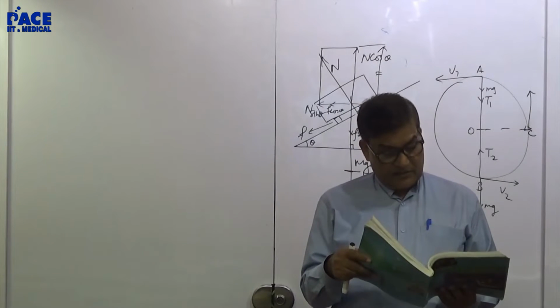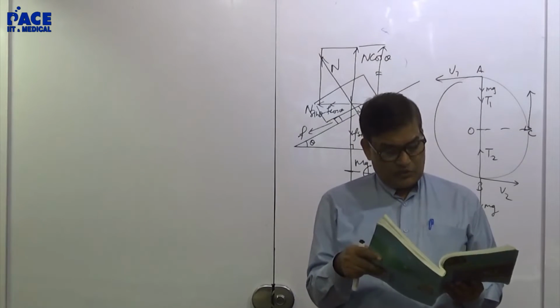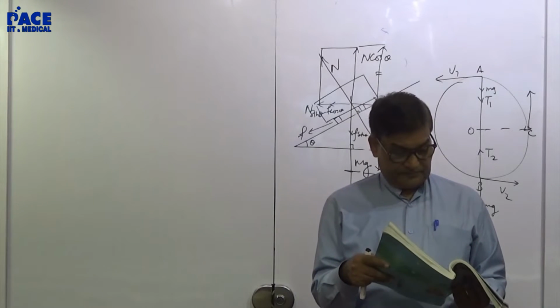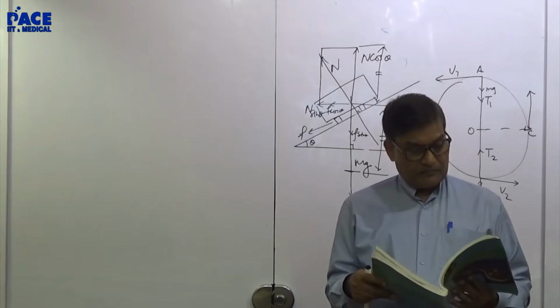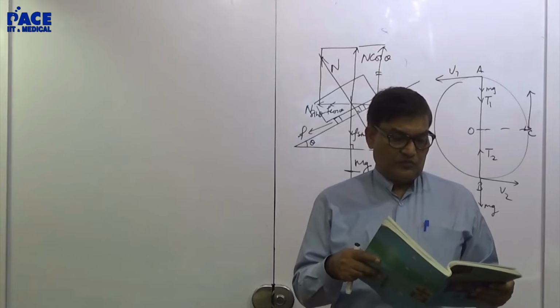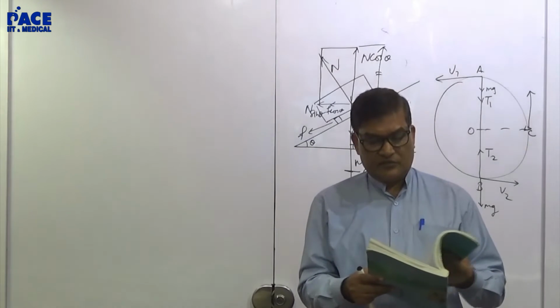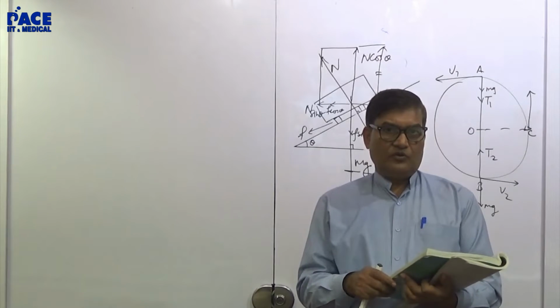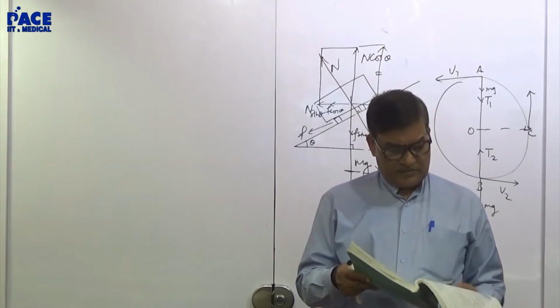The formula: T is equal to T0 bracket 1 minus alpha theta. Based on that, a 1 mark MCQ or numerical MCQ. Sir, can you repeat? Yes.